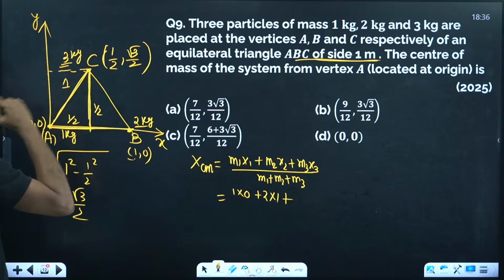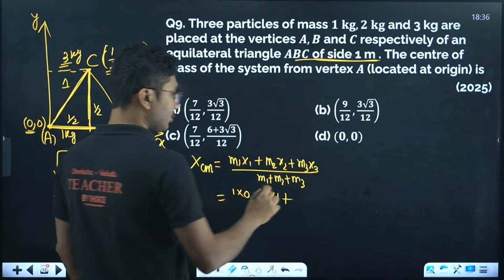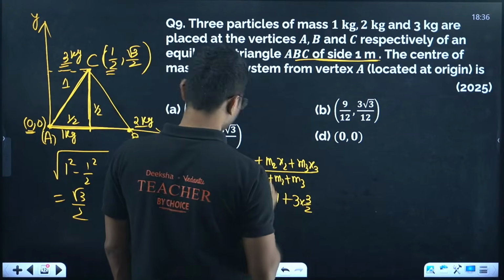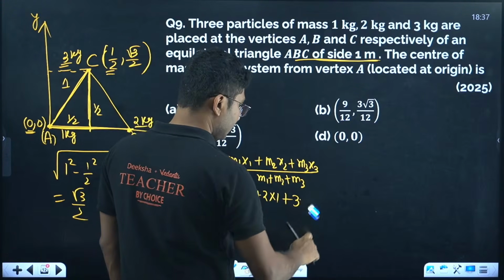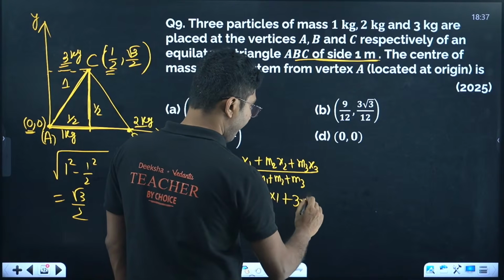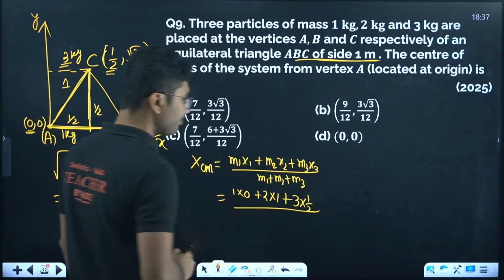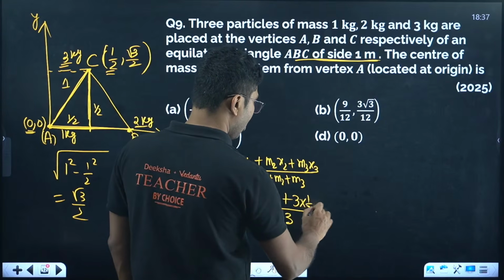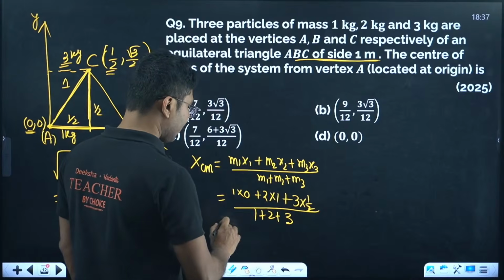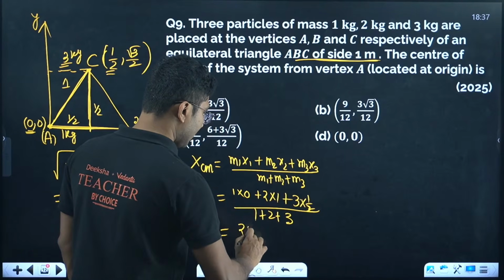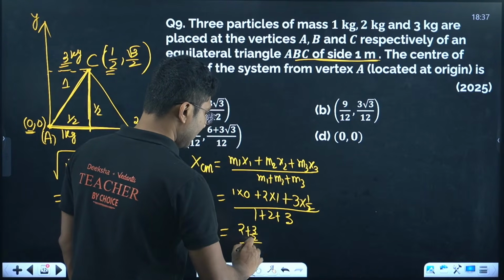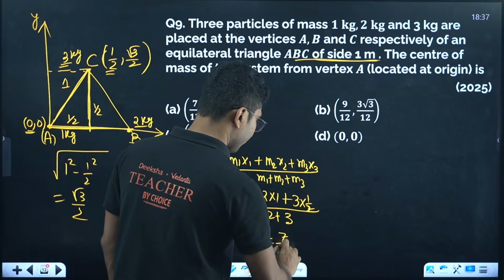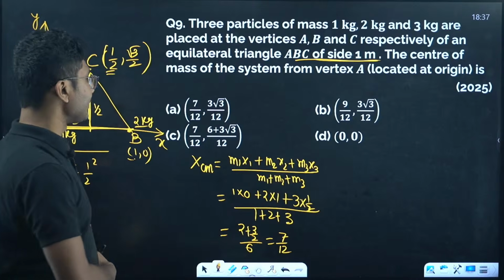Third point has a mass 3 kg, x coordinate, sorry, not 3/2. X coordinate is half. So it will be 3 into half, divided by 1 plus 2 plus 3. Now you have to add all the masses. Okay, this is how you should calculate center of mass. So 2 plus 3 by 2 by 6. So that is 4 plus 3, 7 by 2, 7 by 12. Okay, so XCM is calculated, which is 7 by 12.